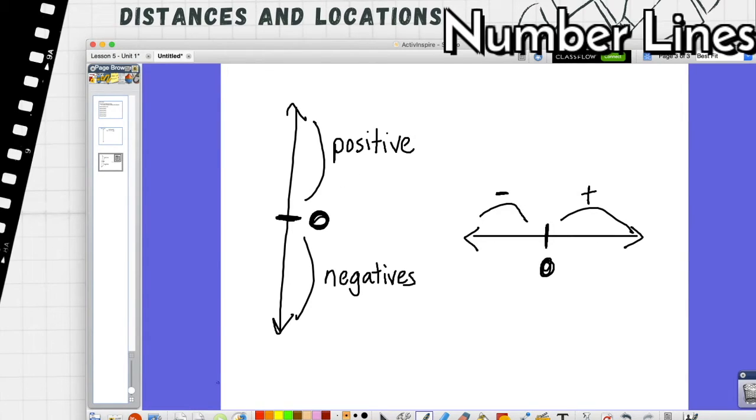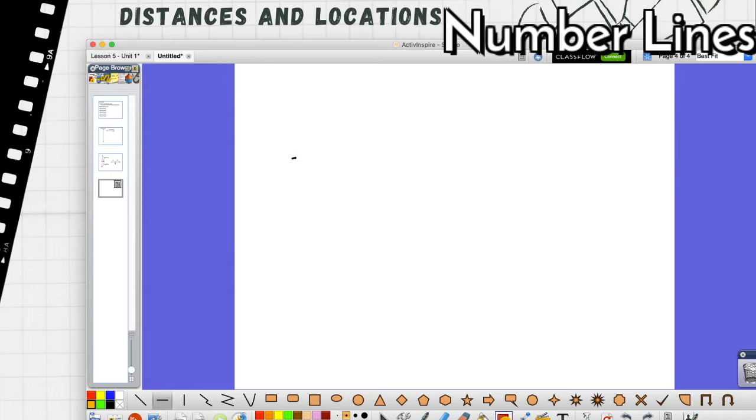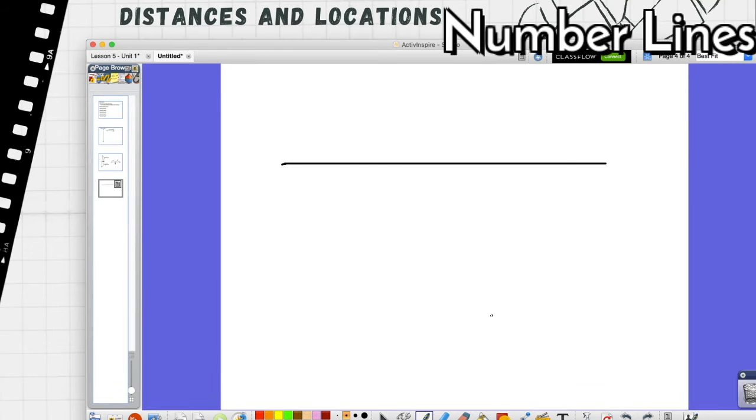Vertical number lines. Another thing to remember about number lines is what numbers you put on them. If you want, you can count by ones, by fives, by tens, by however much you want to.